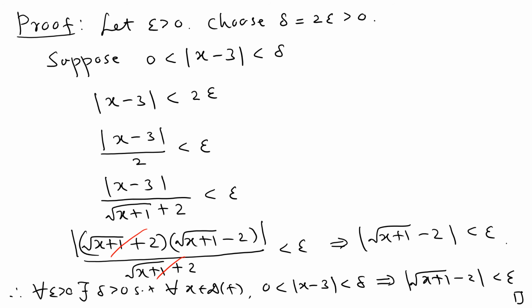So that's going to complete the proof of the limit. So this is how you prove the limit using the epsilon delta argument. So let's look at several practice problems in another video.